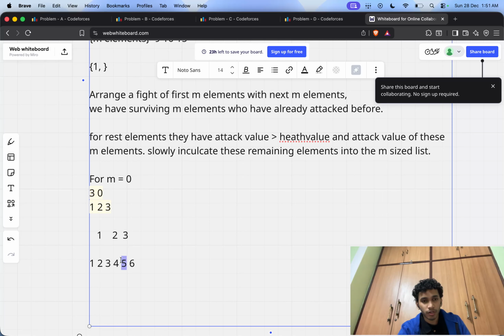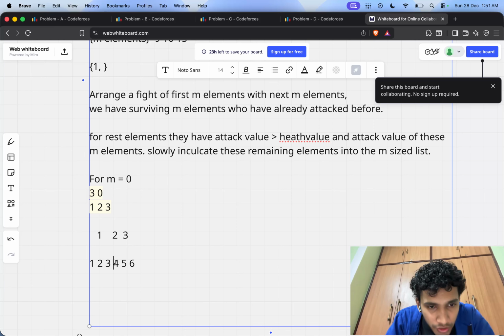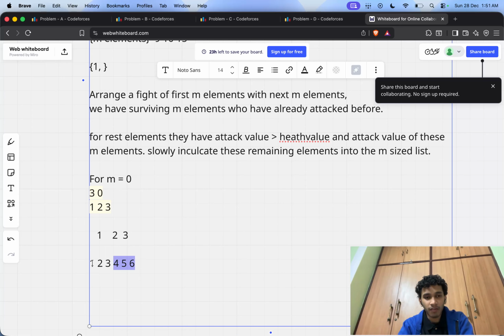Because 5 plus 4 is equal to 10, which is greater than 6. 5 will inflict a damage of 5, so health value is 1 now, and 4 will inflict a damage value of 6. 4 to health value 1, which is leading us to minus 3. Alright. So if we use these both, we can for sure defeat 6, but we still have some leftover elements here.